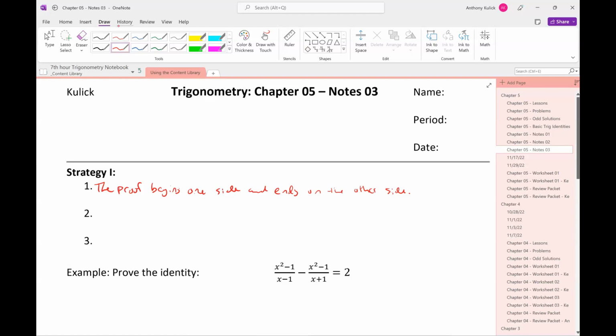Okay? In general, Mr. Kulik's advice is we want to start with the more complicated side. And your steps that you use to go from one side to the other, that's your proof.